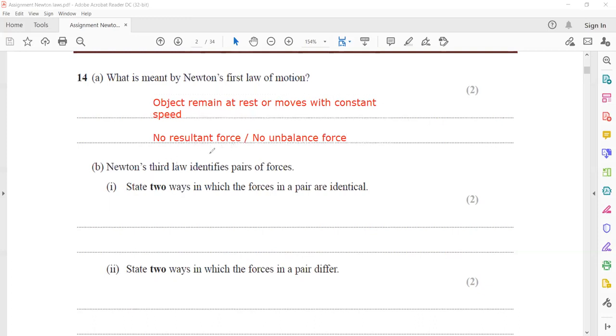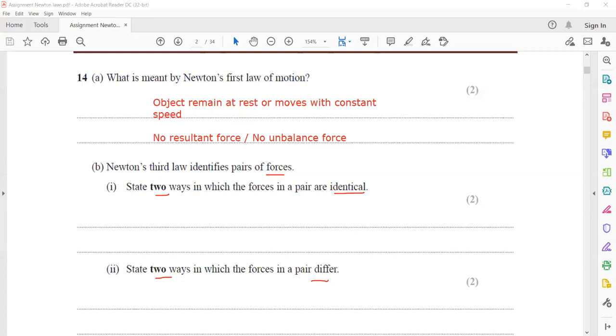Newton's third law identifies pairs of forces. State 2 ways in which these pairs are identical and 2 ways they are different from each other. So for Newton pair forces, we have to write similarities and differences. What are the similarities?